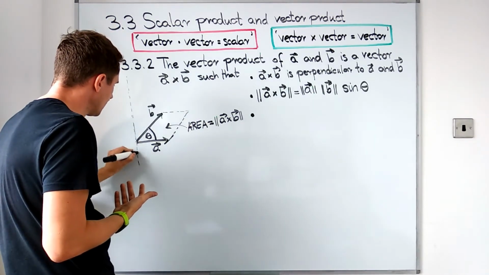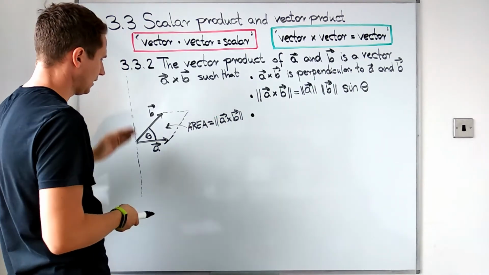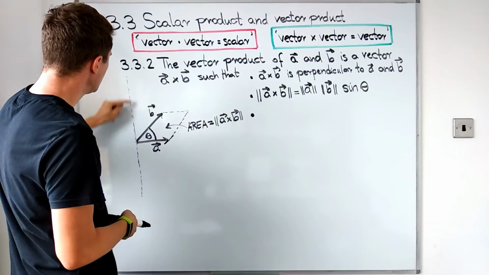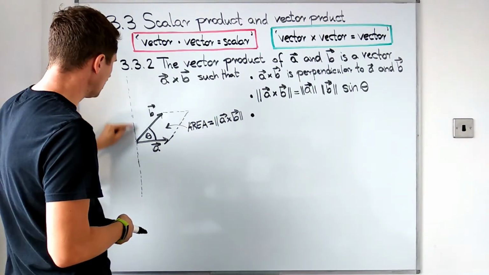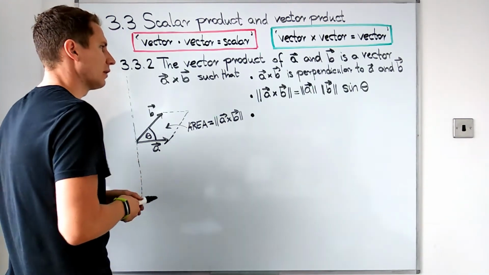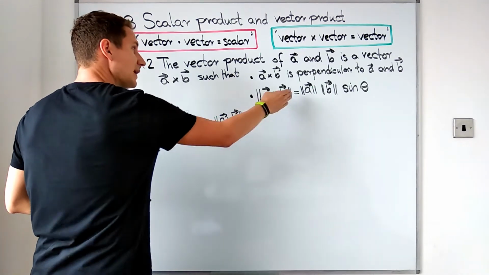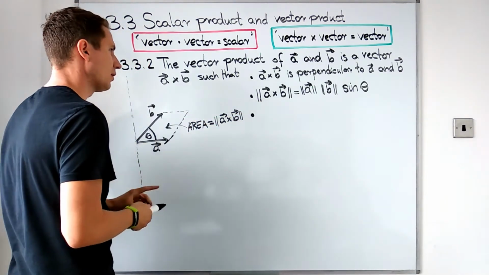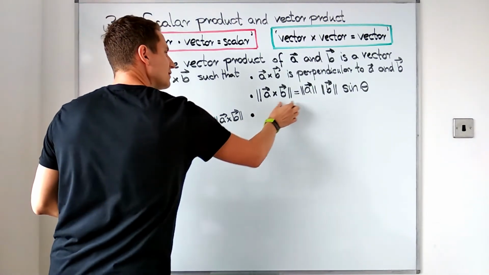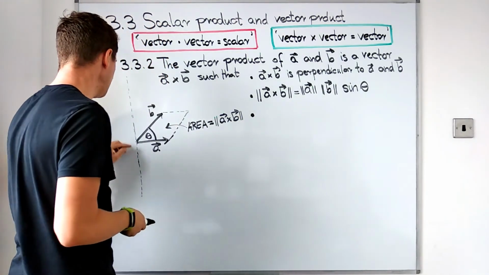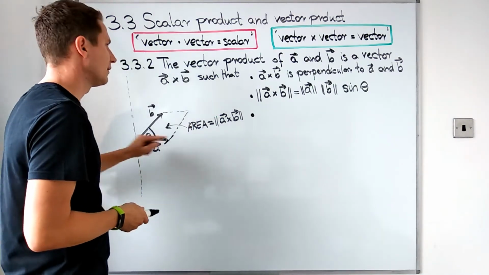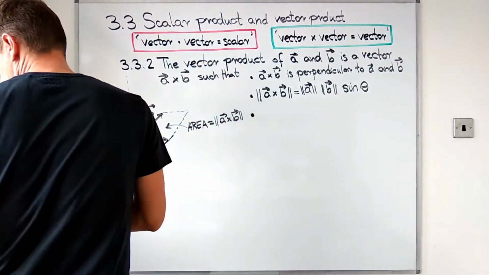So imagine having this line at right angles to the plane. The endpoint of A cross B should be along this line somewhere. Now the second condition restricts our possibilities, because it should be along this line, but only at a distance from the common initial point, that is this far away.